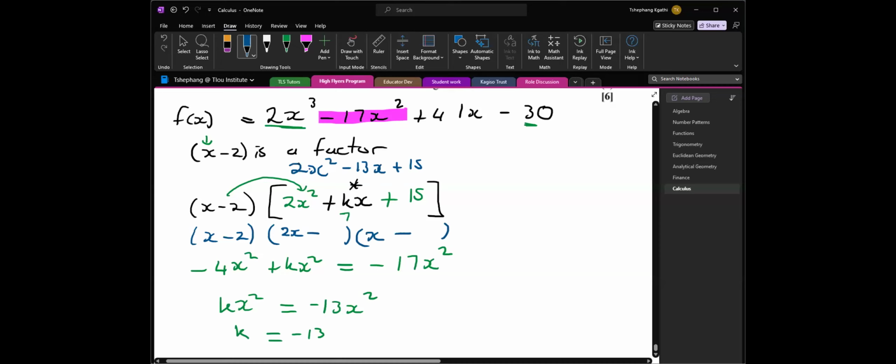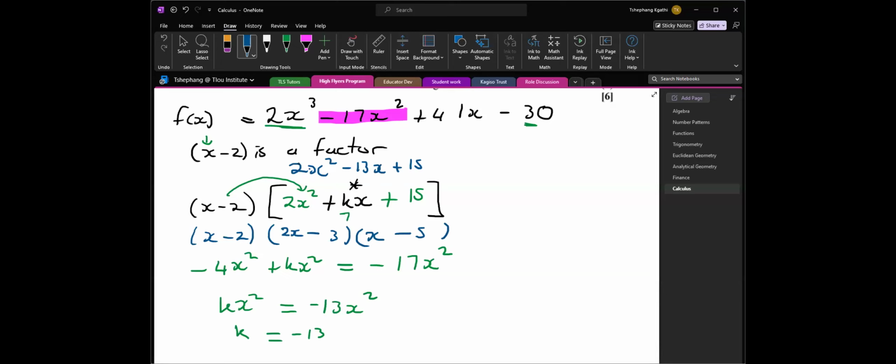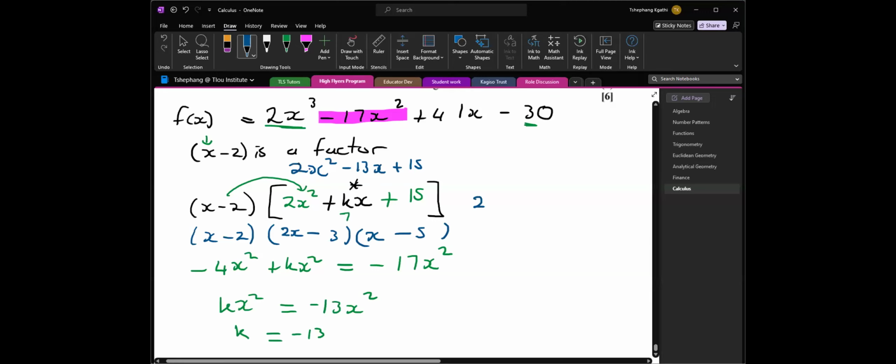Then 15 should be 3 and 5. Check it works out: minus 10, that works out. Then it means that I have my 3 x-intercepts. So I have 2, I have 3 over 2, and I have 5.